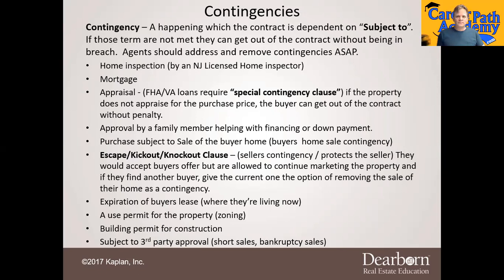Then where it says contingencies, we're going to highlight the very first sentence. When the purchaser intends to secure an FHA or VA loan, a special contingency clause must be included in the sales contract that provides that the contract may be voided if the property appraises below the purchase price.